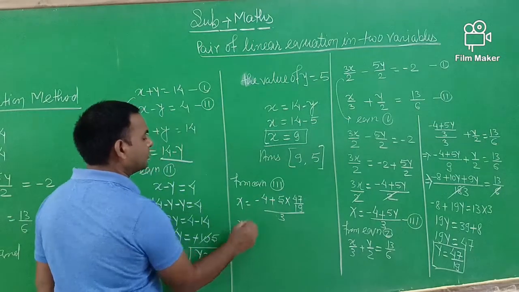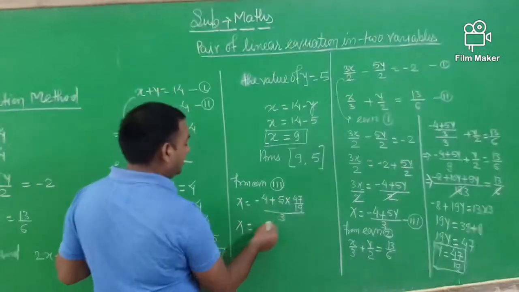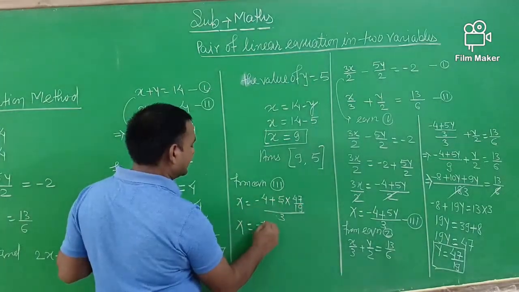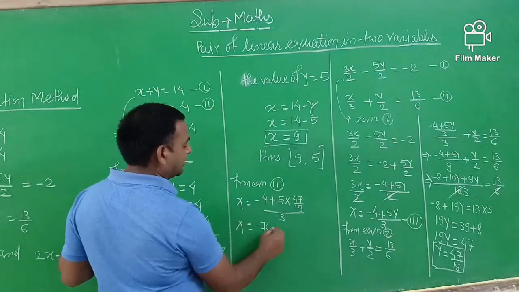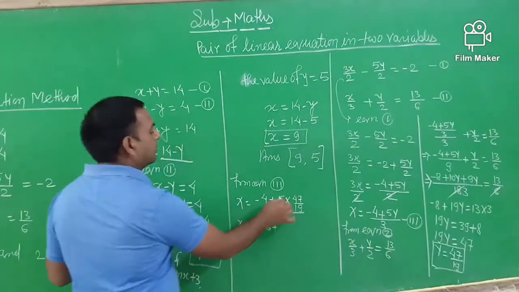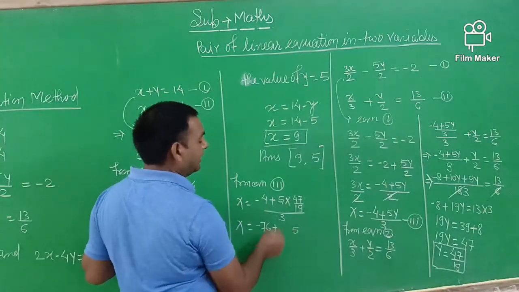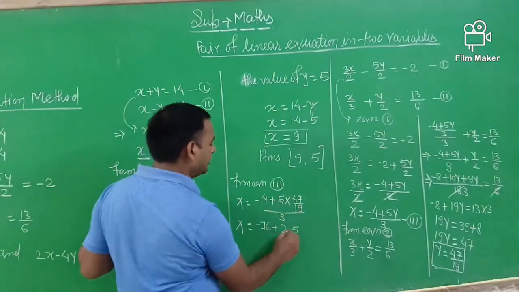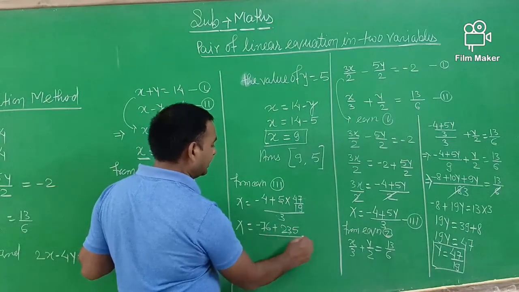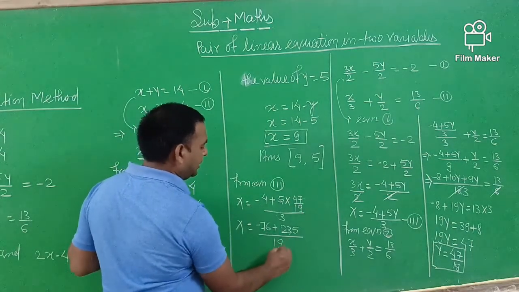So x is equal to 19 4s are 76, minus 76 plus 5 7s are 35, 3 carry, 5 4s are 20, it means 23, and divide by 19 into 3.